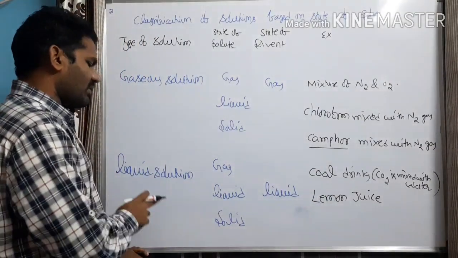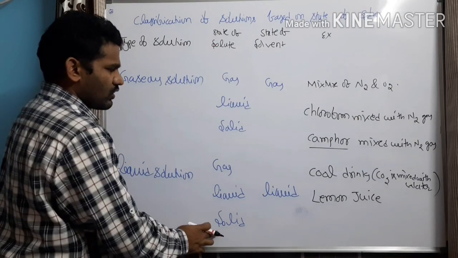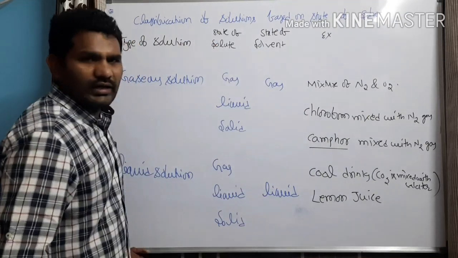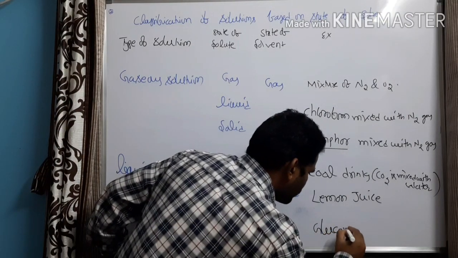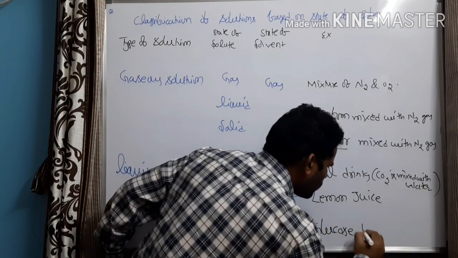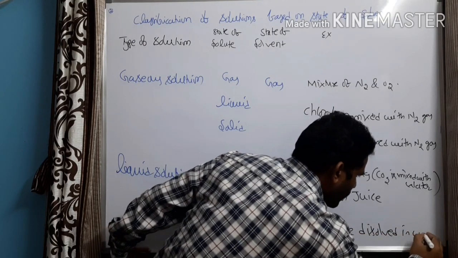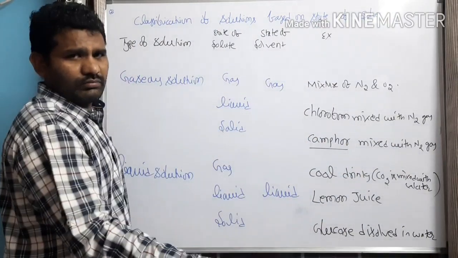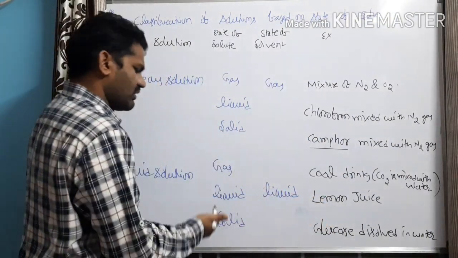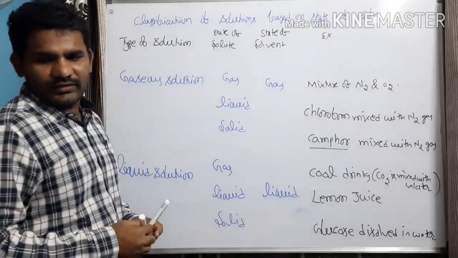Now let us consider example for liquid solution where solute is present in solid state and solvent is present in liquid state. Example is glucose dissolved in water or sugar dissolved in water. Here the glucose is present in solid state and water is present in liquid state.